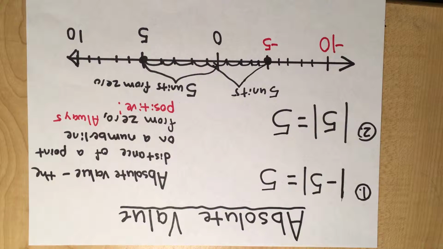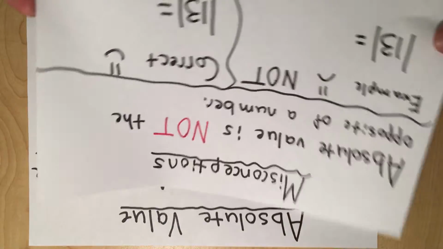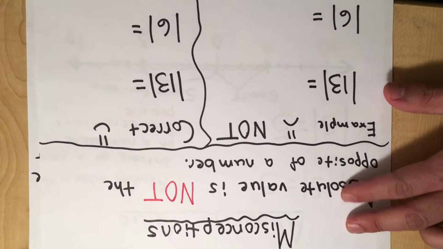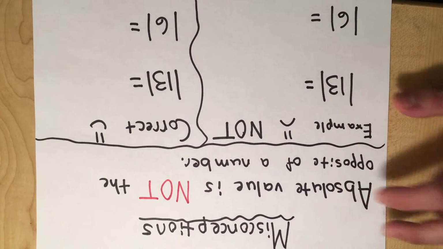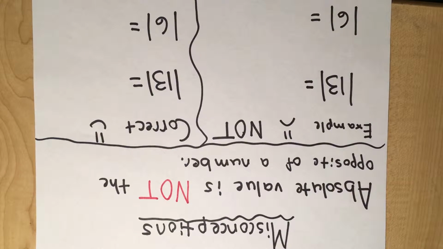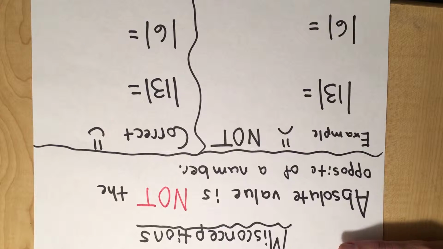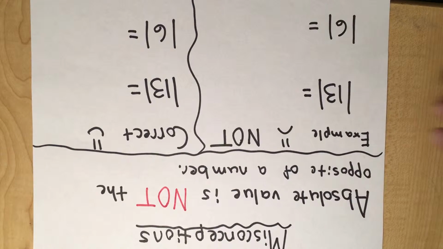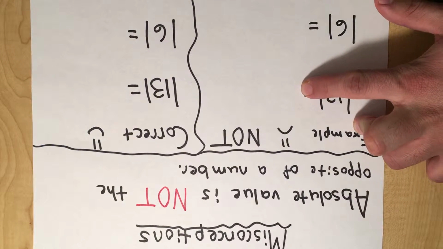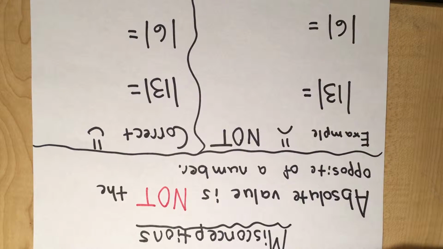Okay, and so I just want to go over some misconceptions that students usually make when we're talking about absolute value. The absolute value is not the opposite of a number, because I tend to see that a lot, that students will think the absolute value of 13 is -13. It's the opposite. No, it is not the opposite of a number.